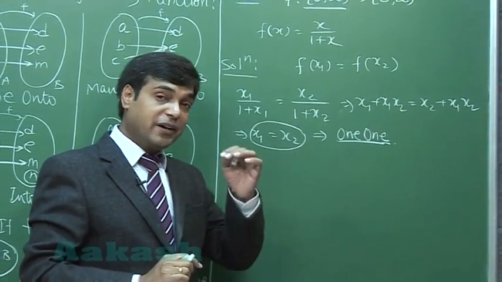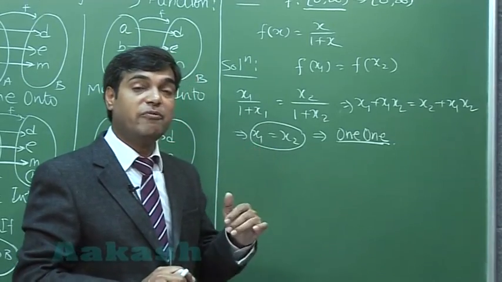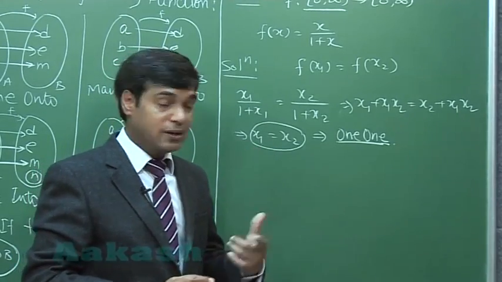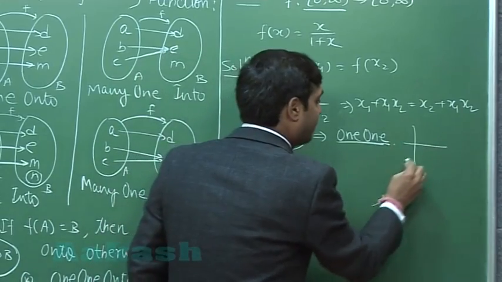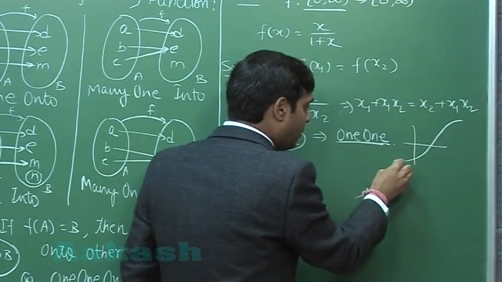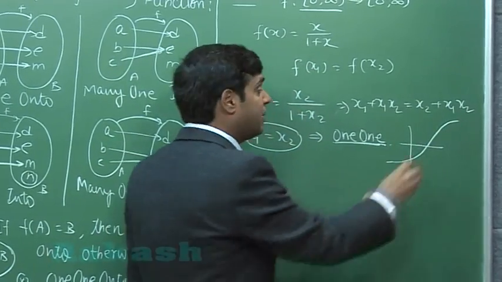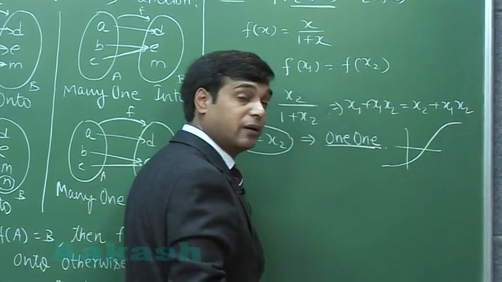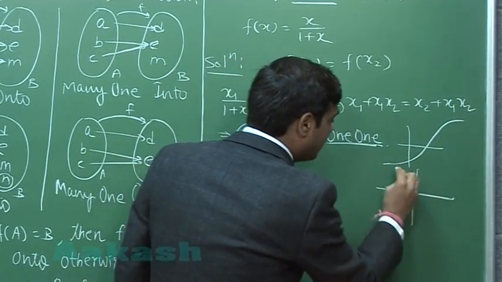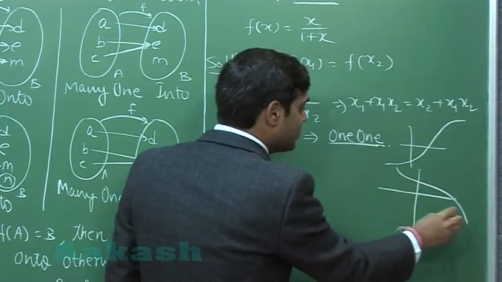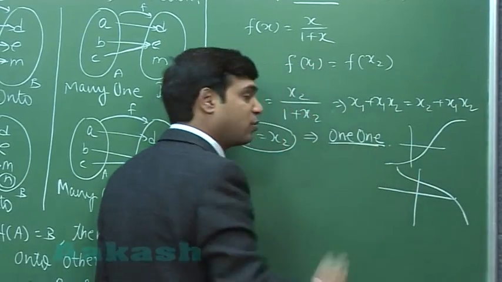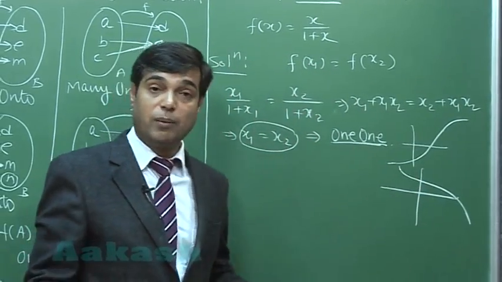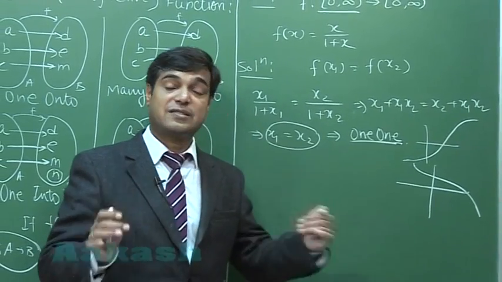Meaning that the function will take maximum and minimum value at the extreme points. See, the function goes in this manner. So minimum is at the first point and maximum is at the last point. If the function goes in this manner, minimum is at the last point and maximum is at the first point. So there is no problem. Just check for the extreme points.